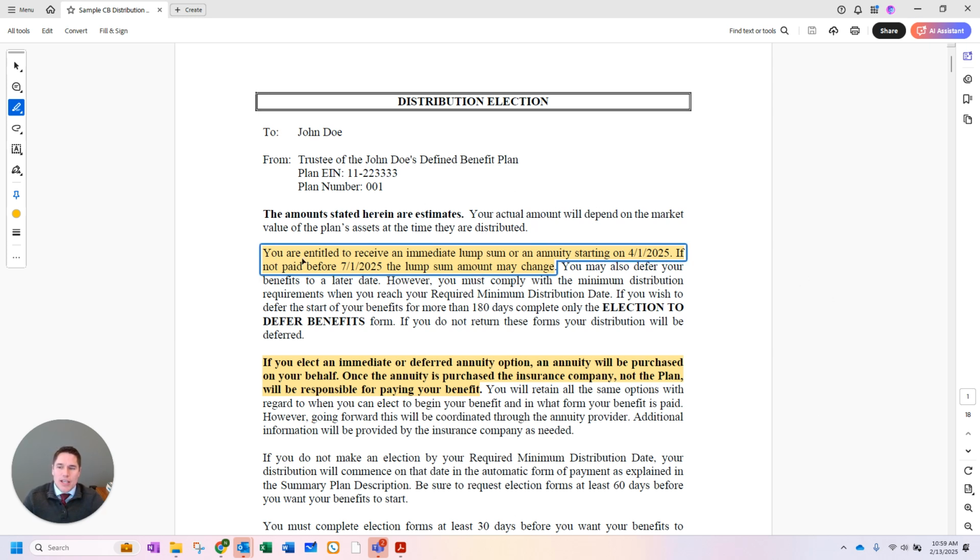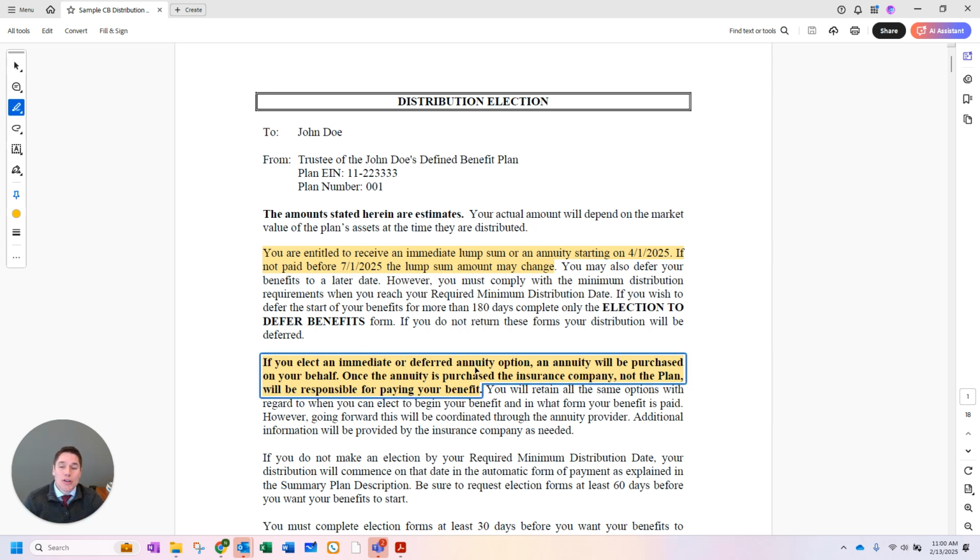So as this says right here, you are entitled to receive an immediate lump sum. That means receive all of the money from the cash balance plan right now, or an annuity starting on this date. The annuity is you're going to get paid out in equal monthly payments for the rest of your life. It says right here, if you elect an immediate or deferred annuity option, an annuity will be purchased on your behalf.